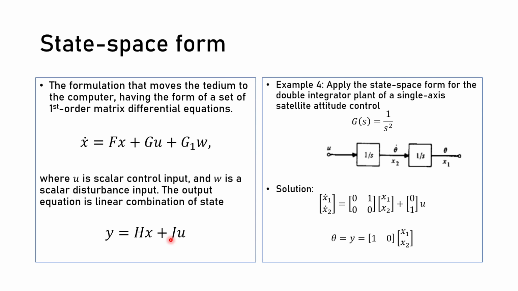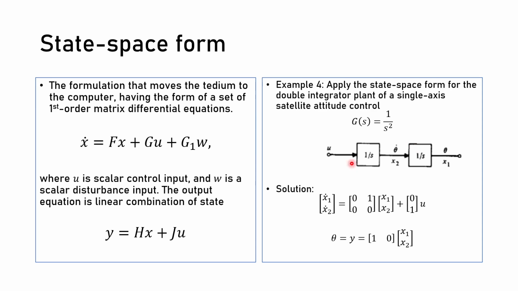Okay. Let's see one example. The example of the double integrator plant here. You can build a block diagram for this here, 1 over s here and then 1 over s here. So from the control input u, you integrate it, you get the angular velocity theta dot, and you integrate it, you can get theta.